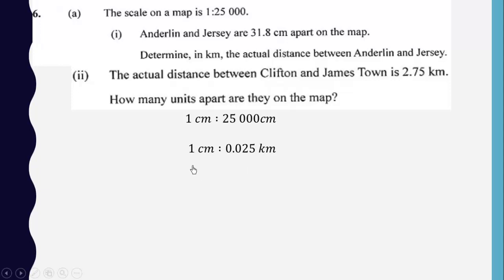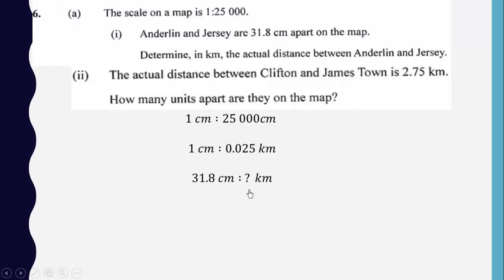Now the question is, 31.8 centimeters will represent what kilometers? So 31.8 centimeters on the map will represent how many kilometers on the ground? That is the actual distance between Anderlin and JC.